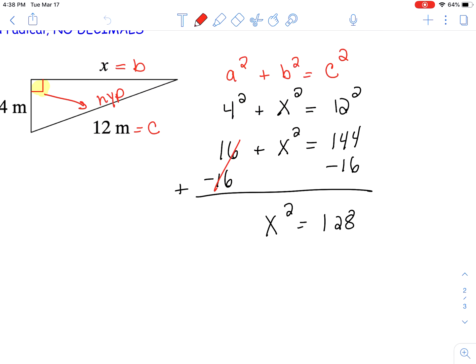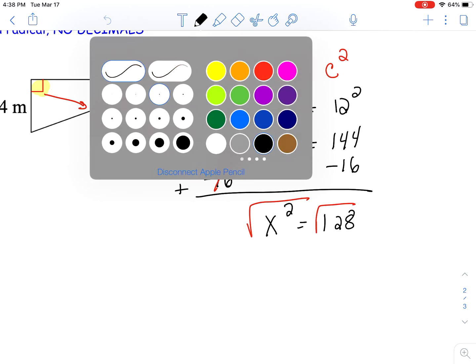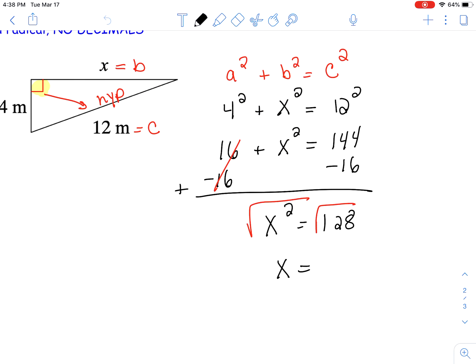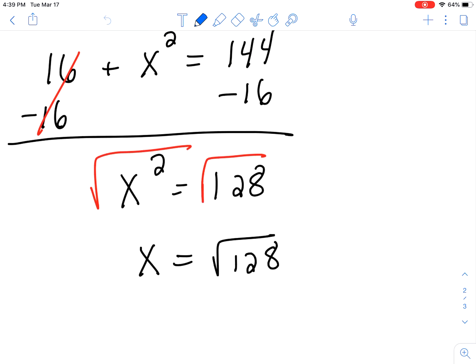Take the square root of both sides, and I end up with x is equal to square root of 128. So now we need to simplify our radical. We don't want to leave this as a radical that can be simplified, so we got to remember to simplify this.